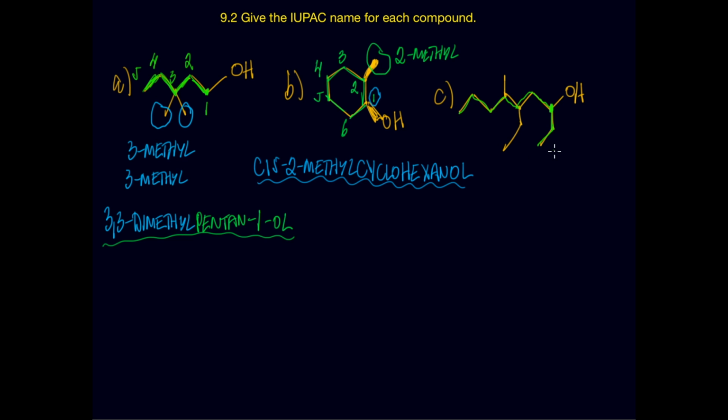All right, and we want to number these carbons so that the alcohol will be at the lower numbering. So again, here we want to kind of number starting from the bottom, going up, and moving to the left. And then we want to number and name the substituents.